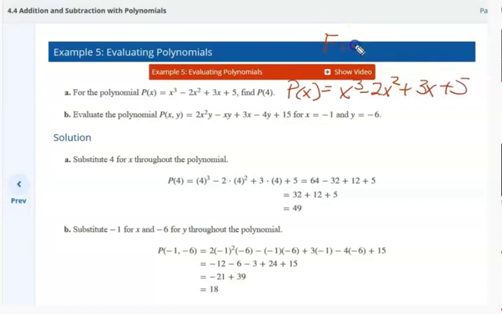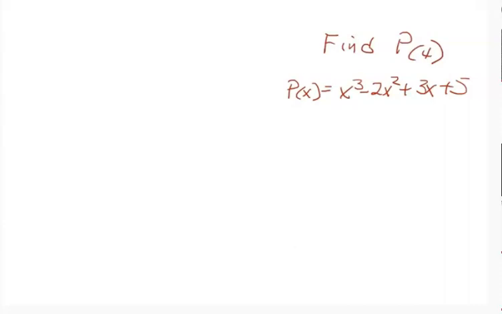Find P of 4. Now we want a strategy for doing that. And here's the strategy as you do part A of number 5.